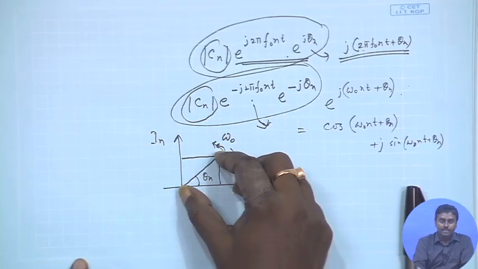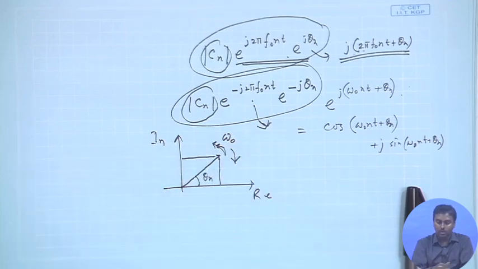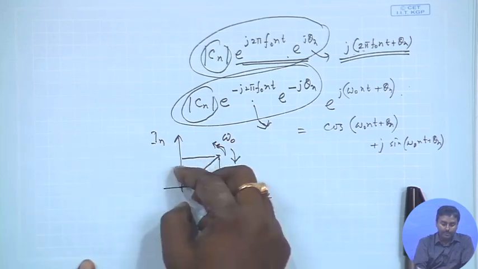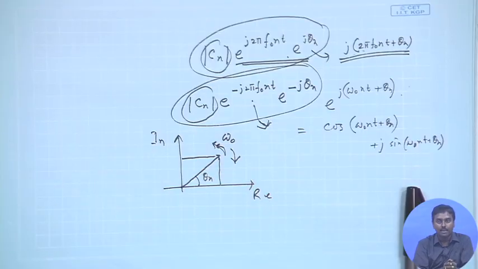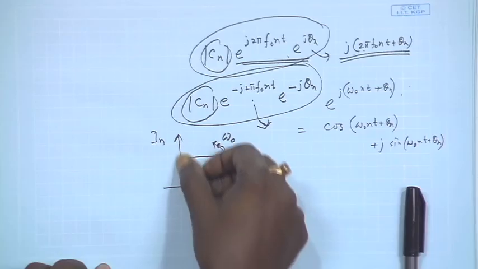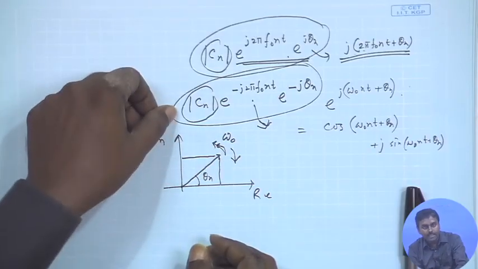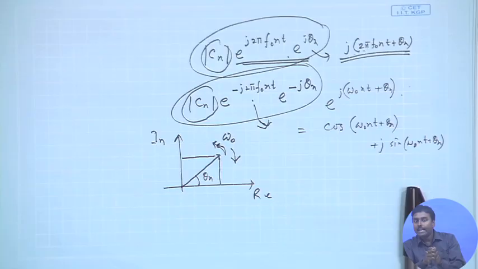Then take the clockwise rotating one and trace its signal too, and add these two up with respect to time, taking the values at every time instant and adding them. What you will see is that the imaginary parts cancel out. On the imaginary axis, if you add these two, you get nothing, it will always be 0, for every value of t.